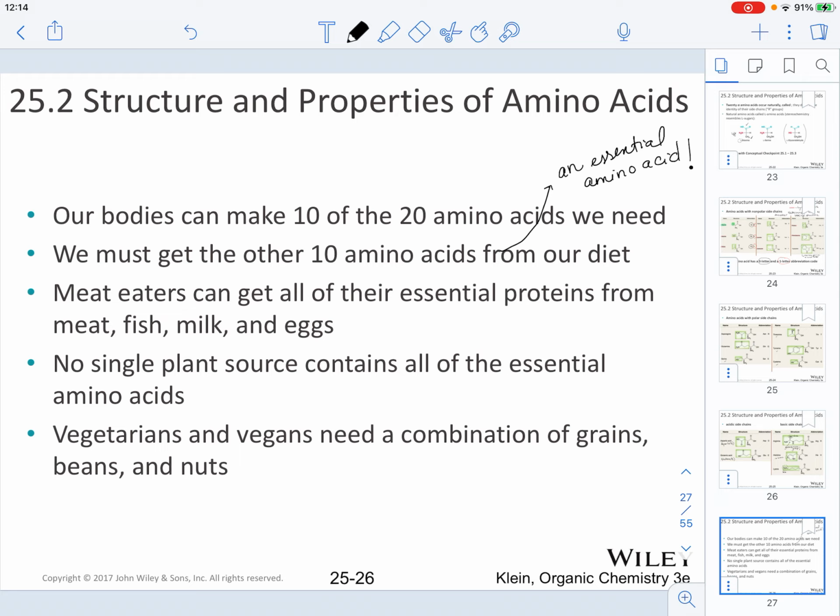Now, understand that meat eaters can get all of their essential amino acids from meat, fish, milk, so from animal resources. No single plant source contains all of the essential amino acids. So that's why vegetarians and vegans need a combination of grains, beans, and nuts in order to get them. But it can still be obtained from the diet. It's just that they need to combine it.